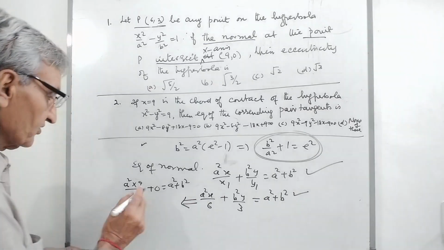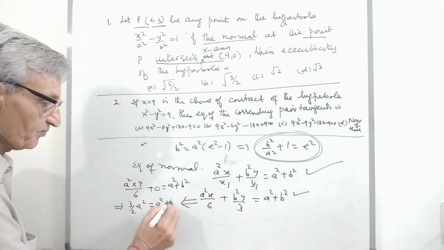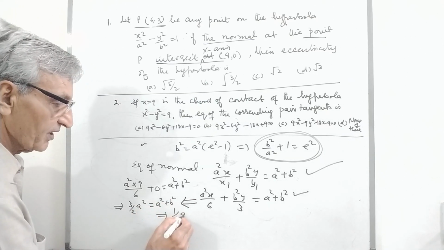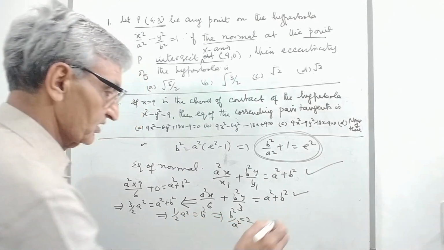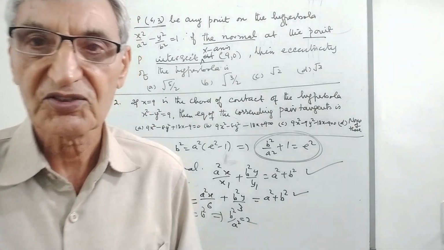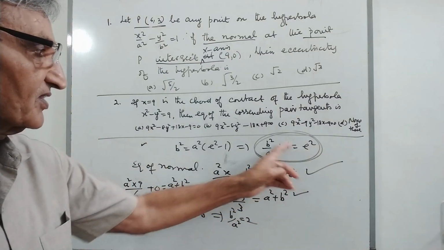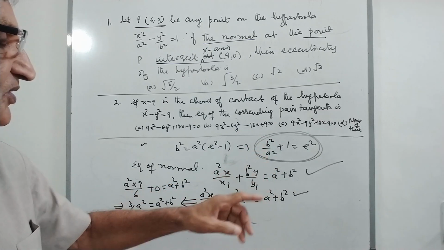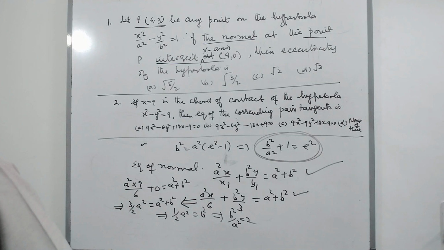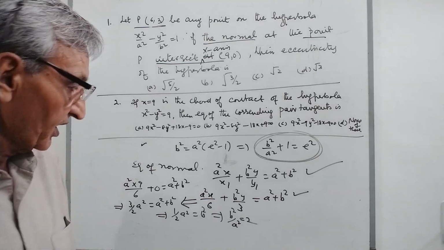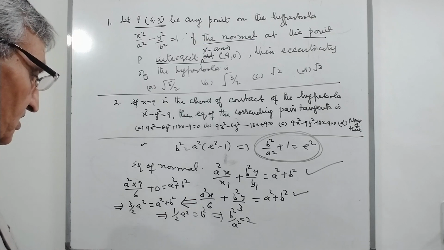Now simplifying, this is 3 by 2 a square is equal to a square plus b square, and therefore half of a square is equal to b square, and therefore b square upon a square is equal to half.